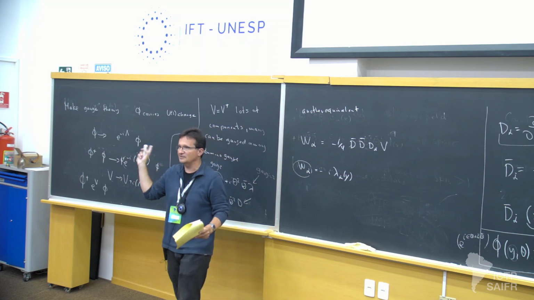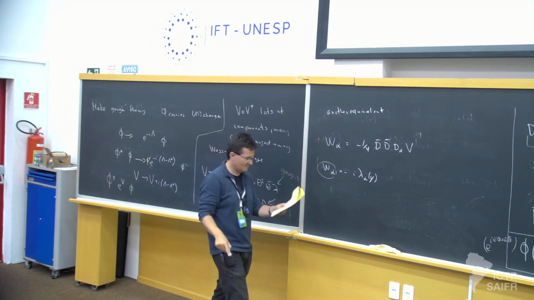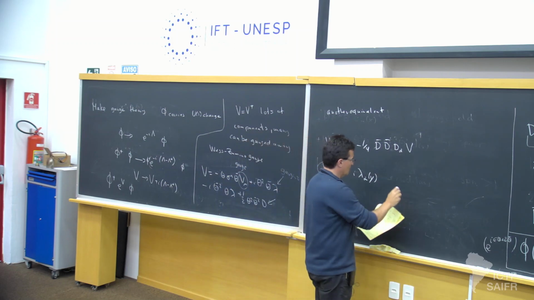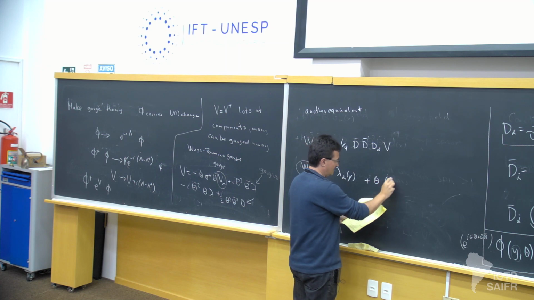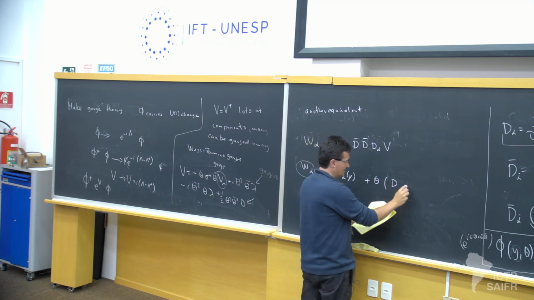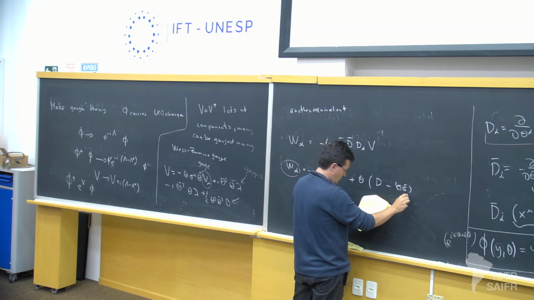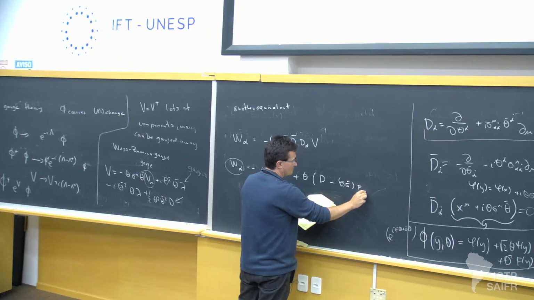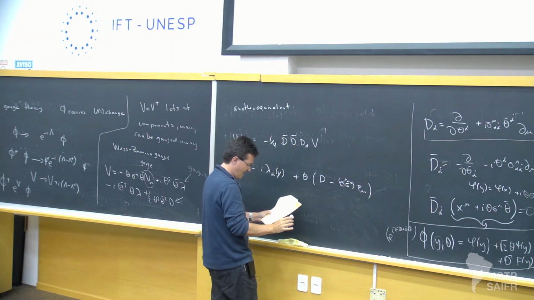The y coordinate, the combination of x and theta bar like we had before. And then there will be a piece that is proportional to theta times D, minus some piece here with sigma mu sigma bar nu F mu nu, I'm just writing it schematically.